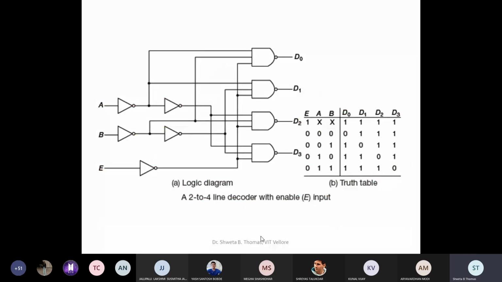You see this, when E is 0, this is activated, and if E is 1, all D values will be equal to 1 regardless of the value of A and B. So this circuit will act as a decoder only when E is equal to what? This will work as a decoder only when E is equal to, speak up. What should be the value of E to act as a decoder?